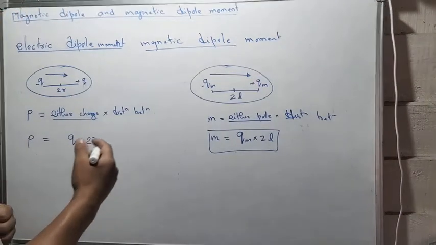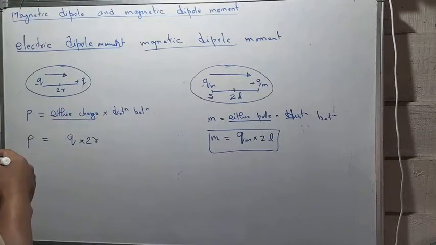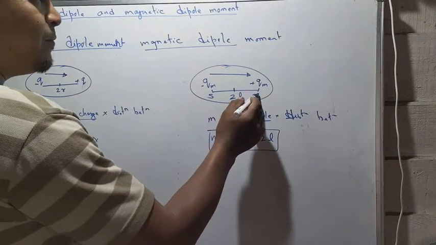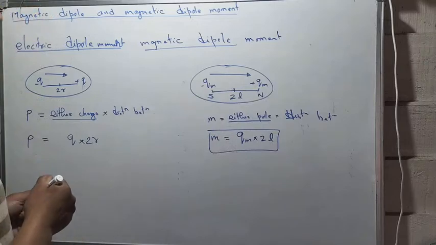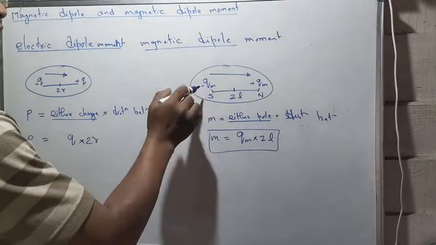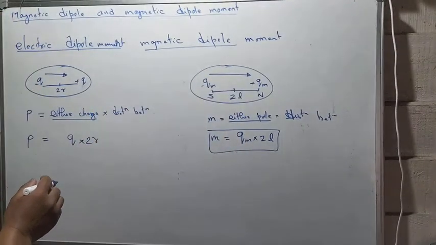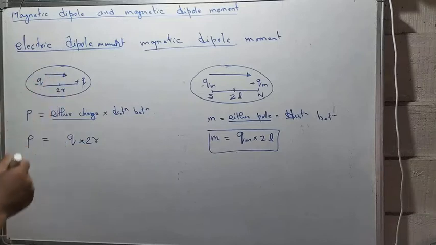When I say minus Qm, it means a south pole, and plus Qm means a north pole. Therefore, the direction of this magnetic dipole moment is from south pole to north pole, just like the electric dipole moment is directed from minus Q to plus Q.